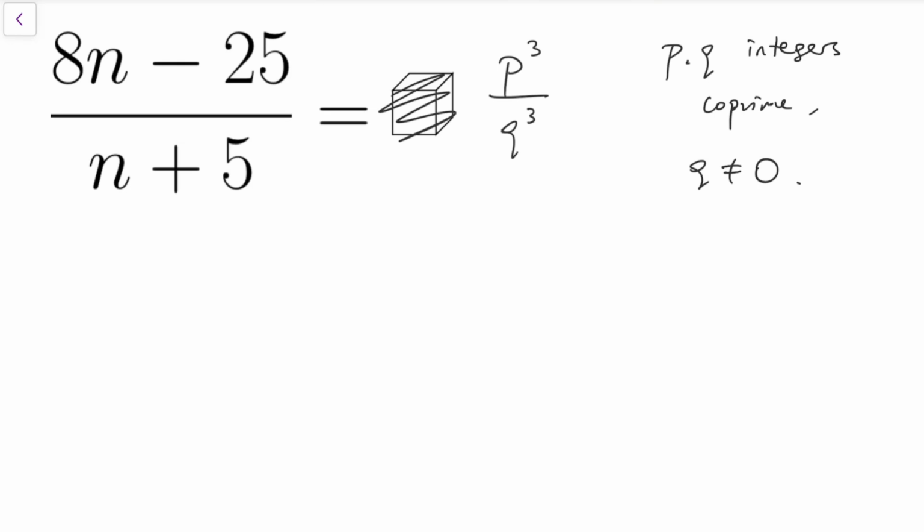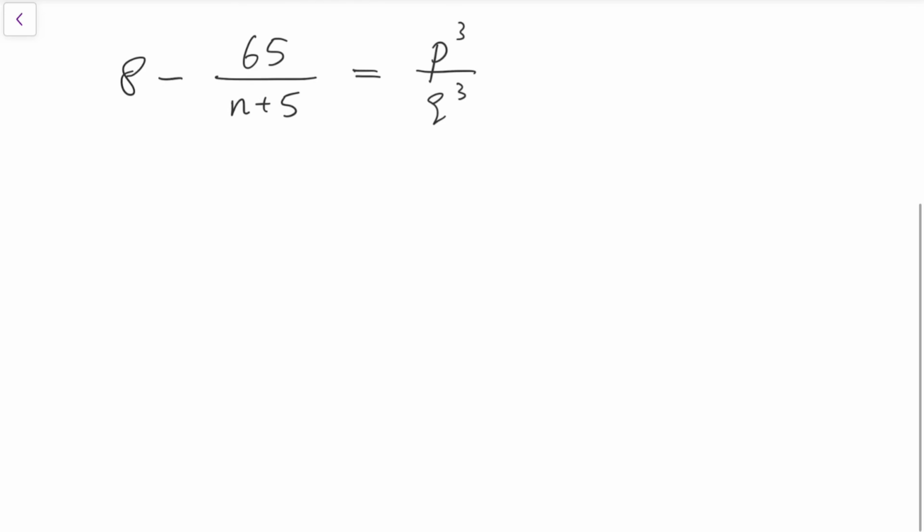So next I'm going to write the left side as 8 minus 65 divided by n plus 5. It's just a quick division, so the fraction will become easier.